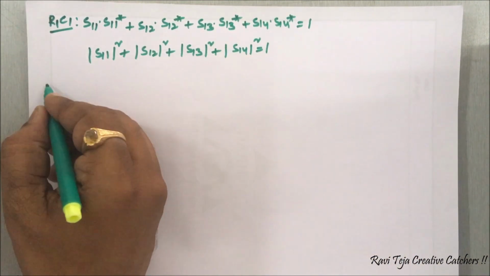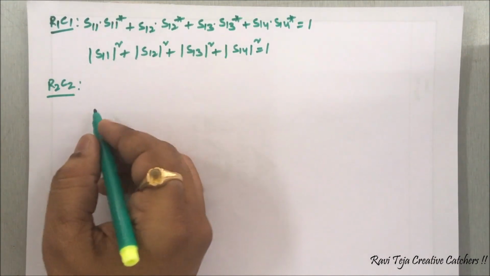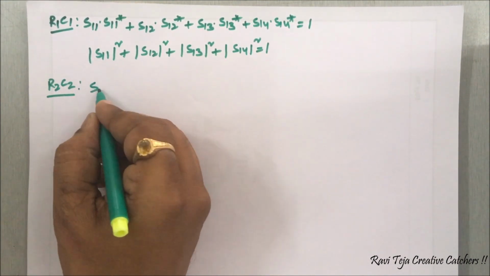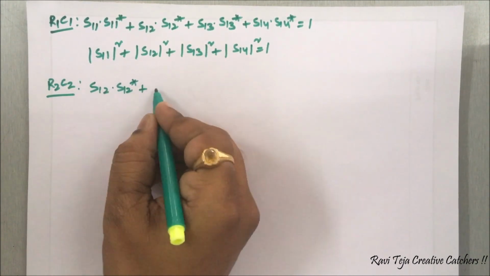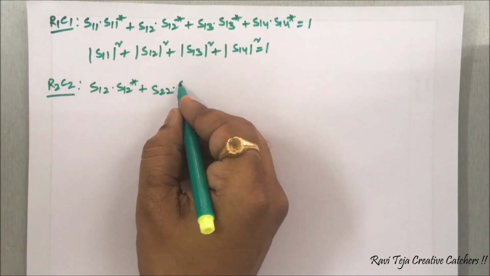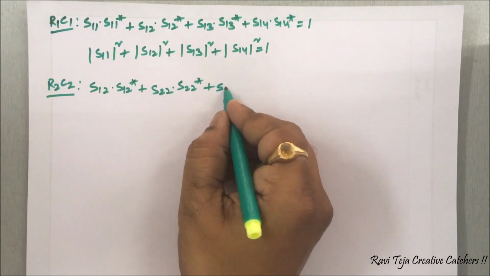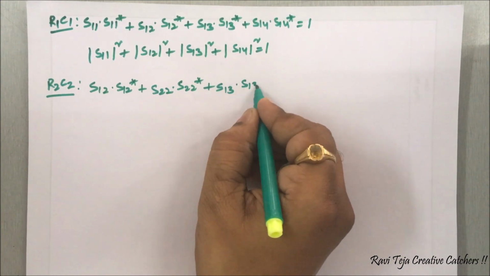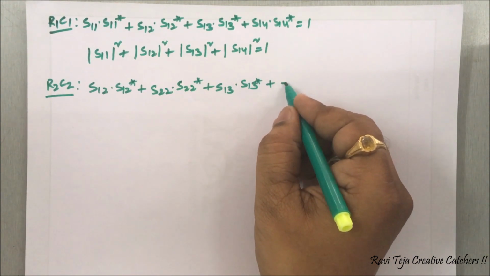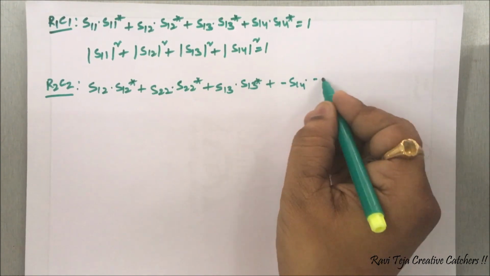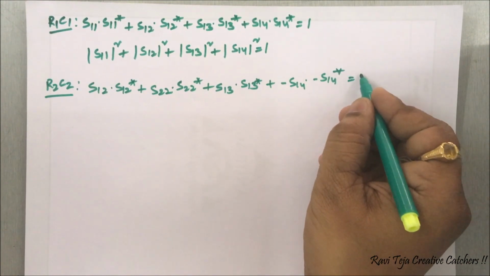Okay, now let's calculate row 2 column 2. Row 2 column 2 can be S12 into S12 star plus S22 into S22 star plus S13 into S13 star plus minus of S14 into minus of S14 star is equal to 1.